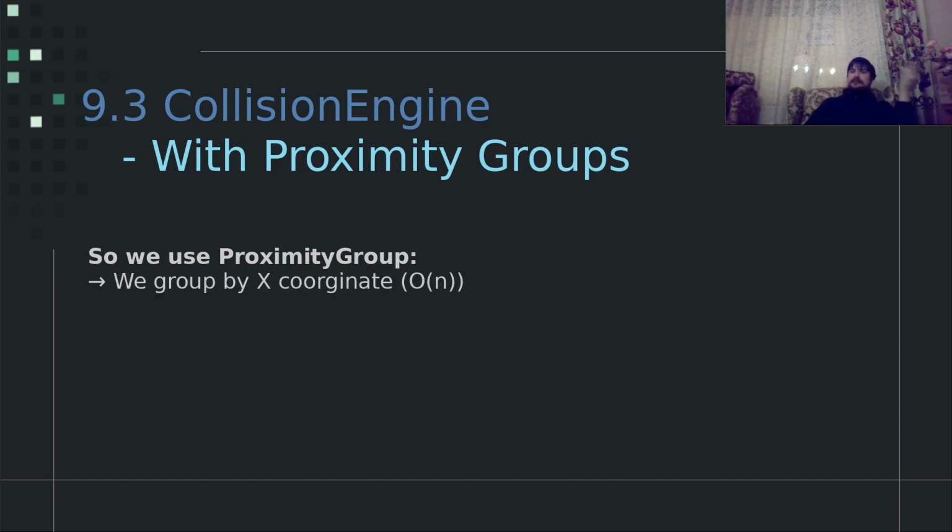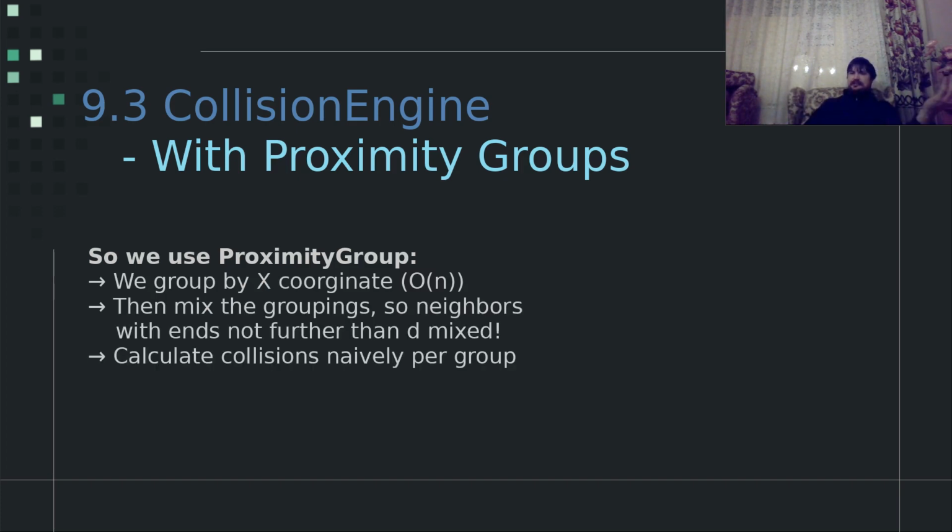We group by x coordinates. That's linear time, amortized linear. We have talked about it, it's understandable. Then mix the groupings, because of what I told you, that there will be these dots that are on the edges and very close to each other, so we need to mix the groupings, so neighbors end not further than the mix. And we can calculate collisions then naively per group.